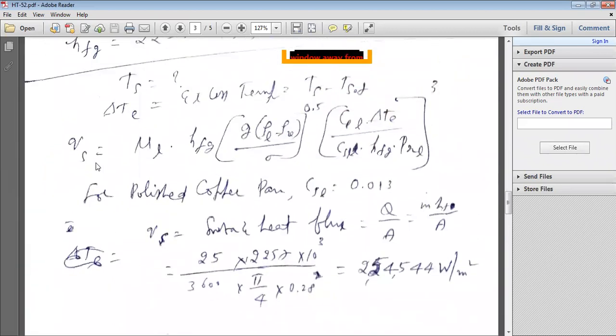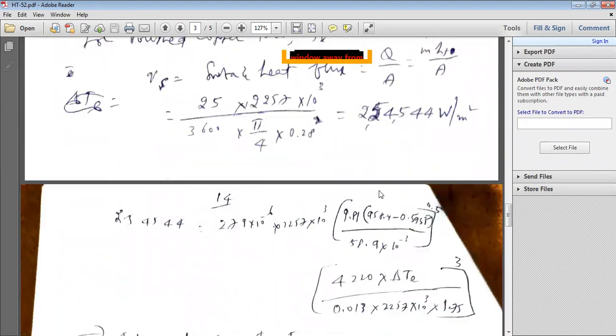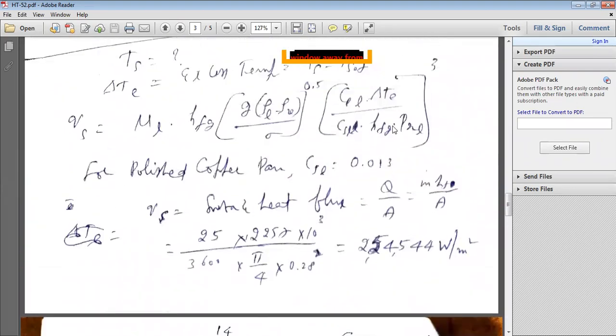So you substitute qs here, all others are available. Calculate delta Te from this formula.